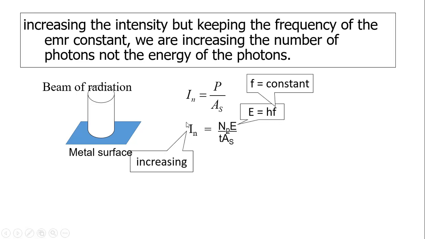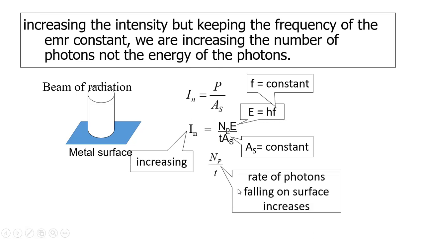Then we increase the intensity. Your A is constant. So if you increase the intensity, N P over T must be increased. This means the rate of photons falling on the surface must increase.